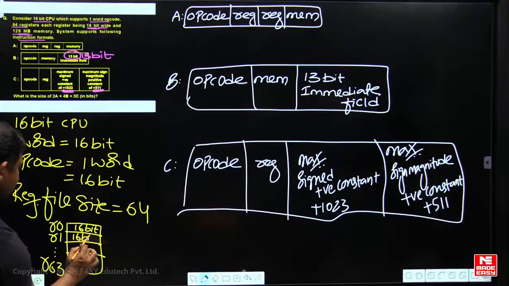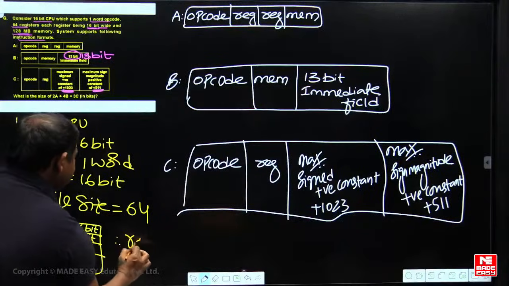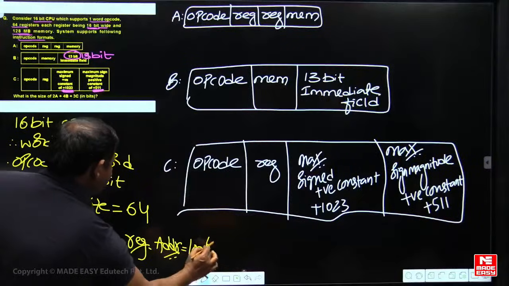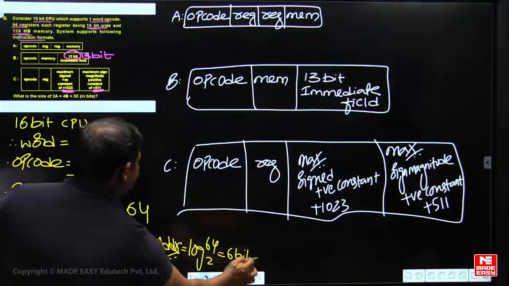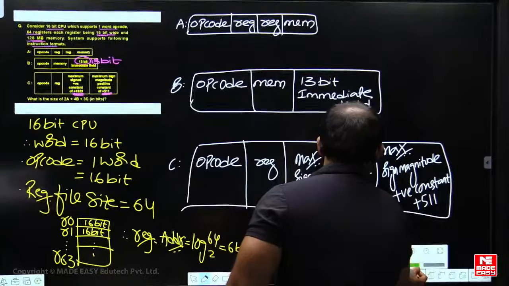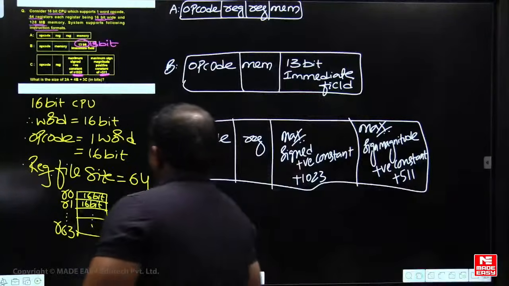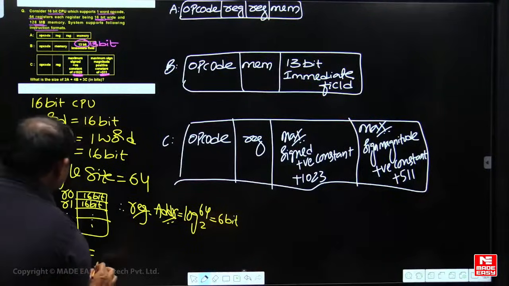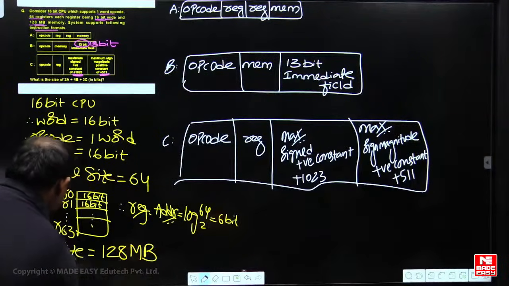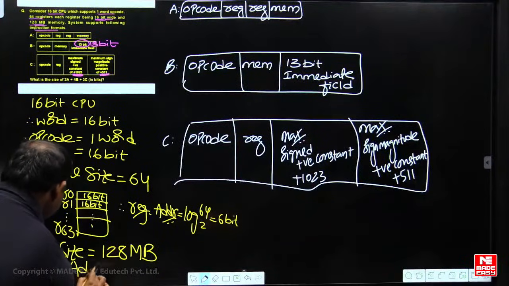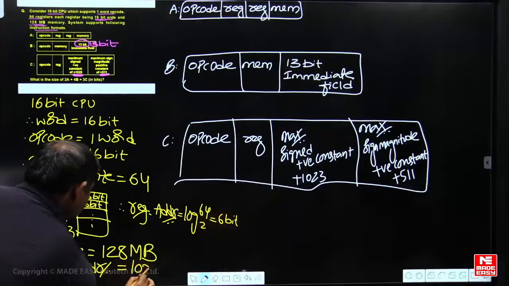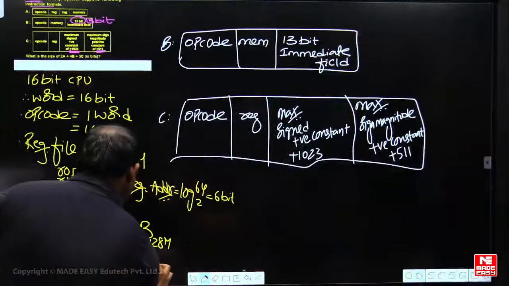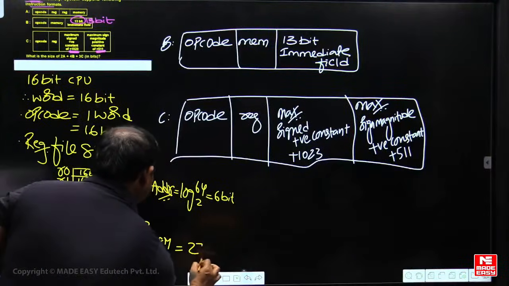Therefore, register address is log 64 base 2, that is 6. Then memory size is 128 MB. Therefore, address is log 128 mega cells base 2, which is a 27-bit address.